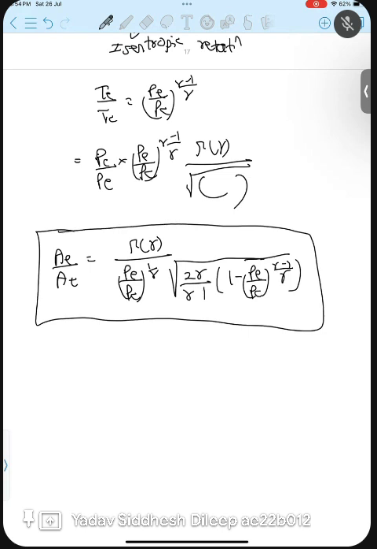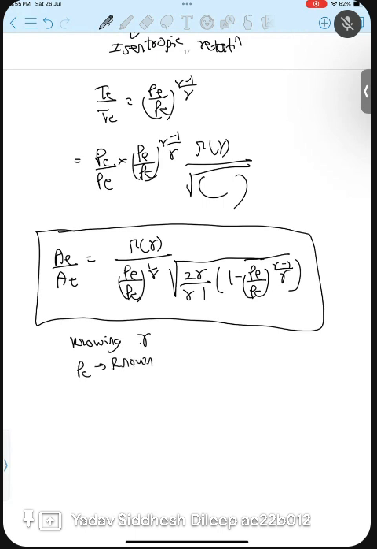Whenever you have any particular type of gas flow, you will know the value of gamma, and you know the chamber pressure Pc.